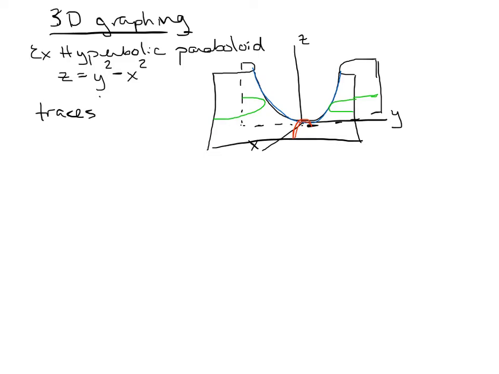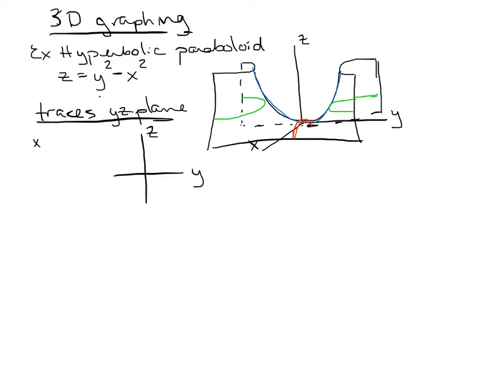So for instance, we could draw traces on just the YZ plane. So when we do this, we're going to be drawing just the YZ plane. Now, in order to do this, because it's the YZ plane, we'd need to pick different values for x.